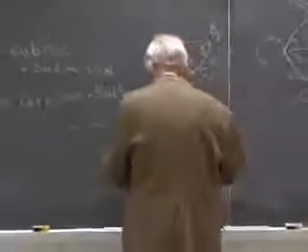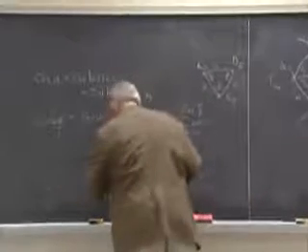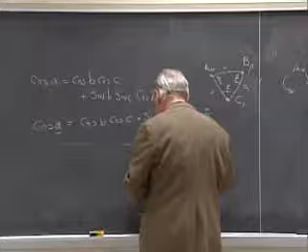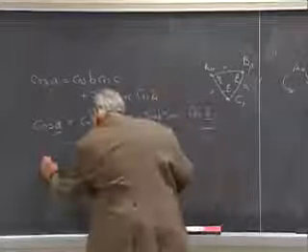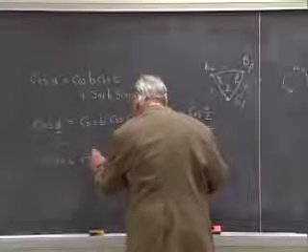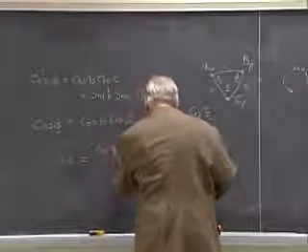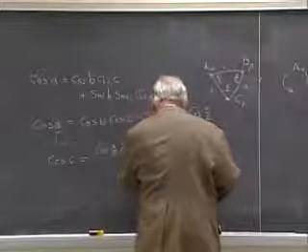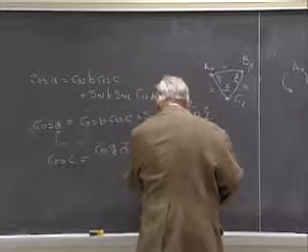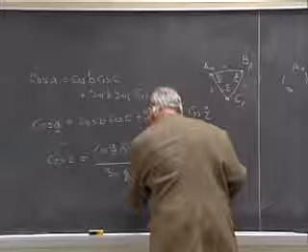I'll leave out the little bit of intervening algebra. And what we will get out of this is that cosine of C, and I'll solve for that, is equal to cosine of alpha over 2 cosine of beta over 2 plus cosine of gamma over 2, divided by sine alpha over 2 sine beta over 2.